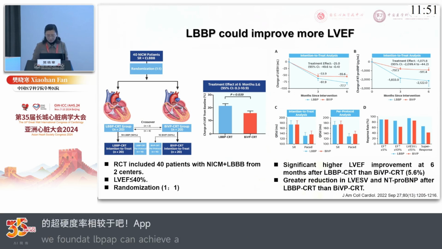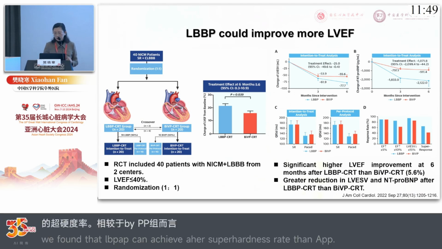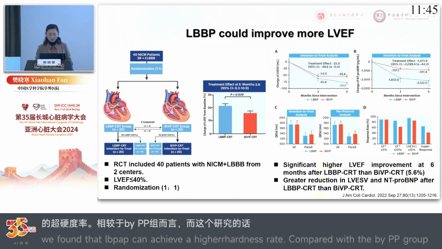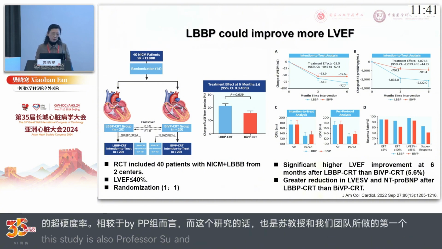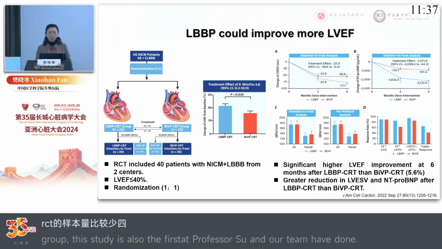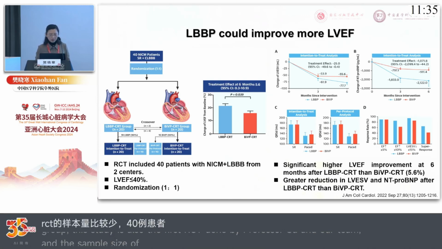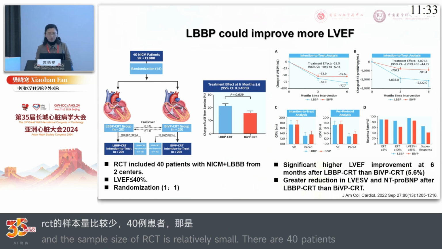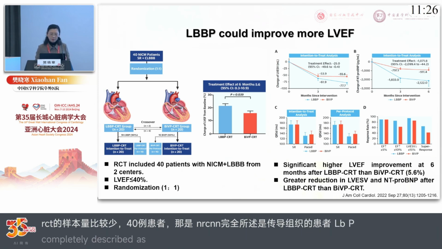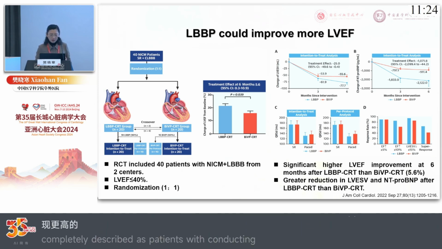This study is the first RCT. Professor Zhou and our team performed this small RCT, using only 40 patients with NICM and complete left bundle branch block. And this study showed the LBBP could achieve a better response, a better effect in improvement of LVEF.